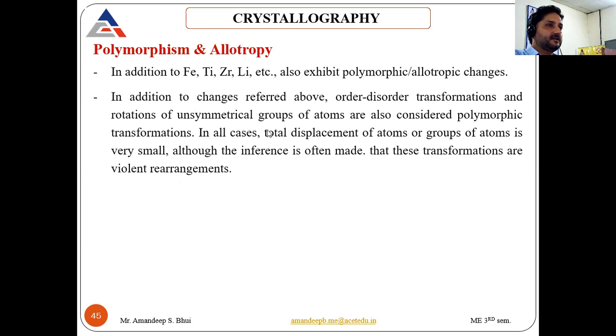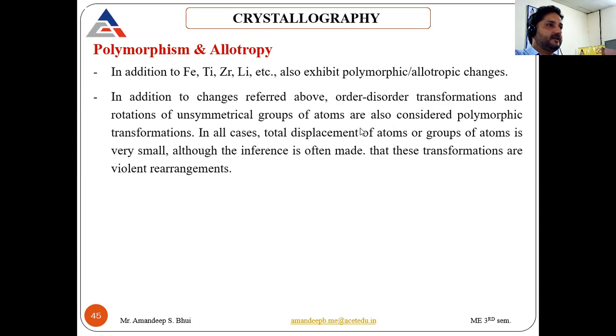In addition to the changes referred to above, order-disorder transformations and rotations of unsymmetric groups of atoms are also considered polymorphic transformations. In all these cases, the total displacement of atoms or groups of atoms is very small, although the inference is often made that these transformations are violent rearrangements.